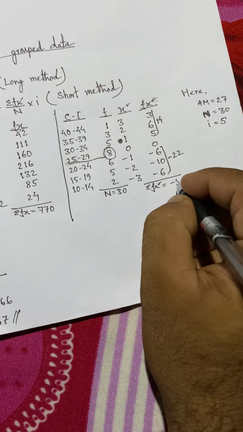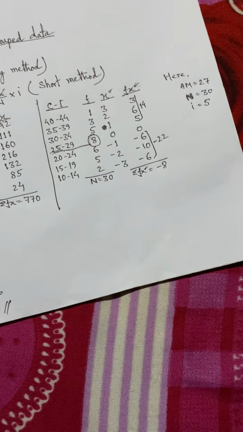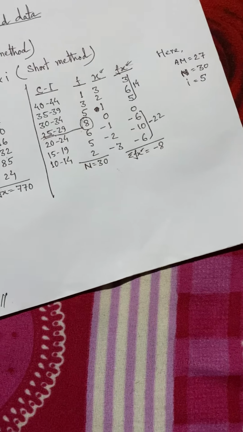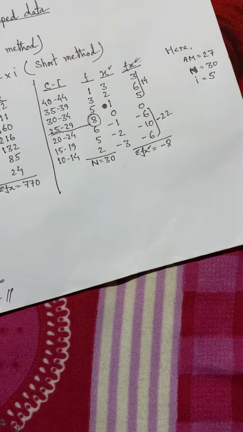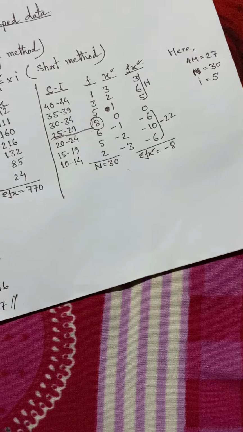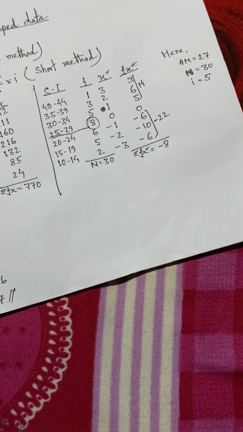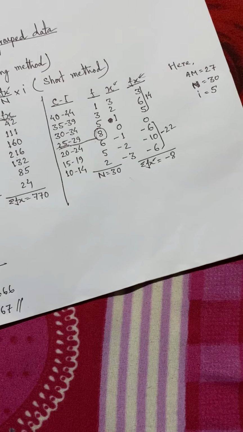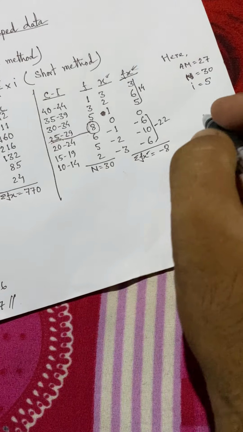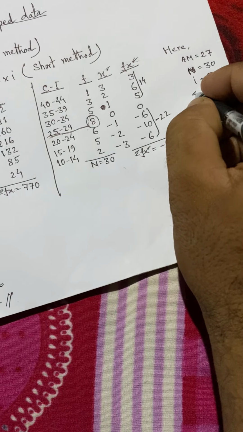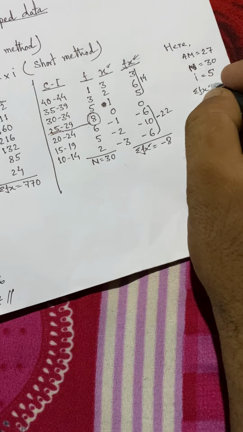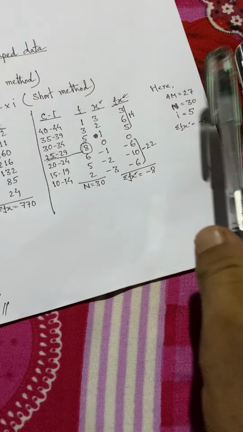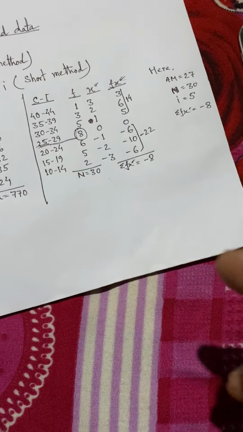Isn't it? 14 minus 22 is minus 8. Now we have sigma fx. Sigma fx is equal to minus 8. Now we have all the values, we can use them in the formula.